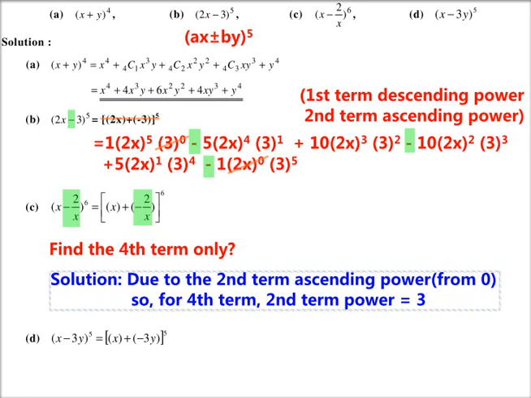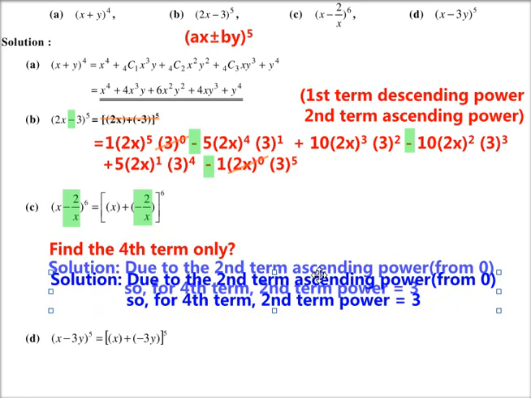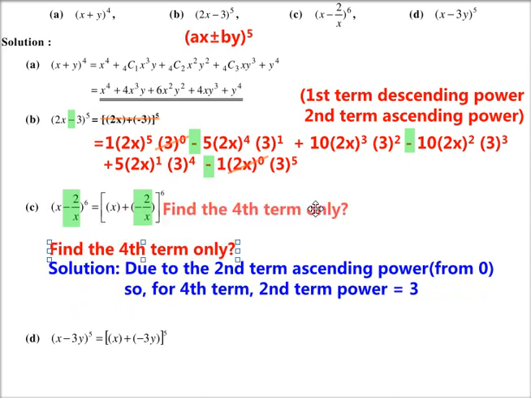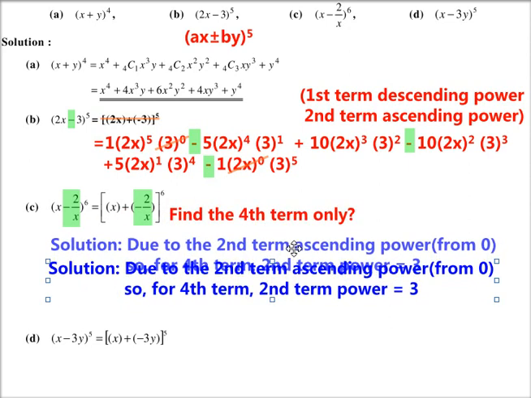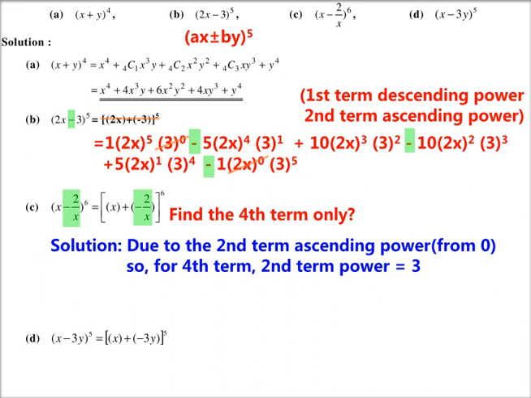Okay, if this is the case, we need to know the n first, okay? Because this is NCR, so the maximum power is n. Yeah, got it?